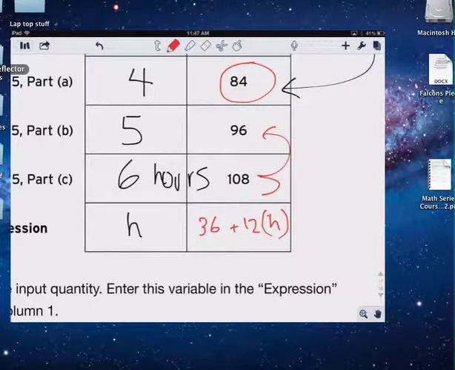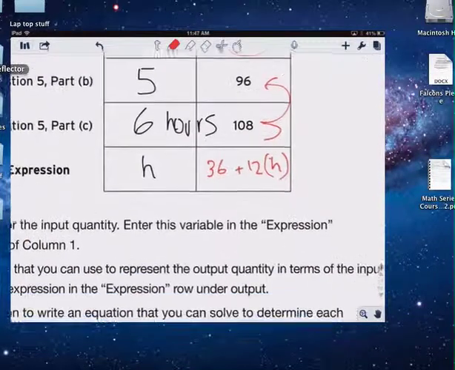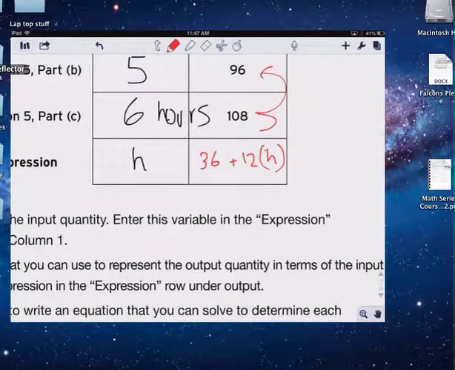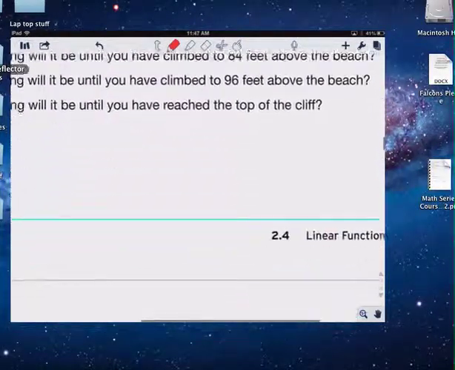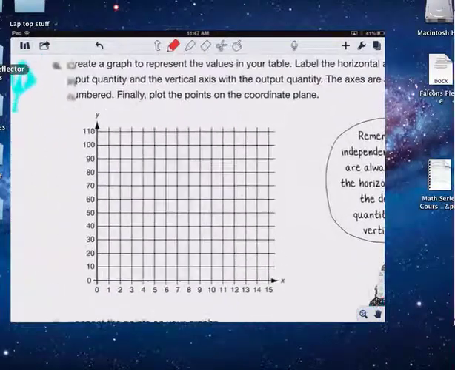To get these answers, we had to do 36 plus the 12 feet per hour, then times how many hours they gave us, to get this expression. Do you understand? Does that make sense? So we were just technically adding 12 to every single number? Yes, practically. Okay, now let's go ahead and graph this.